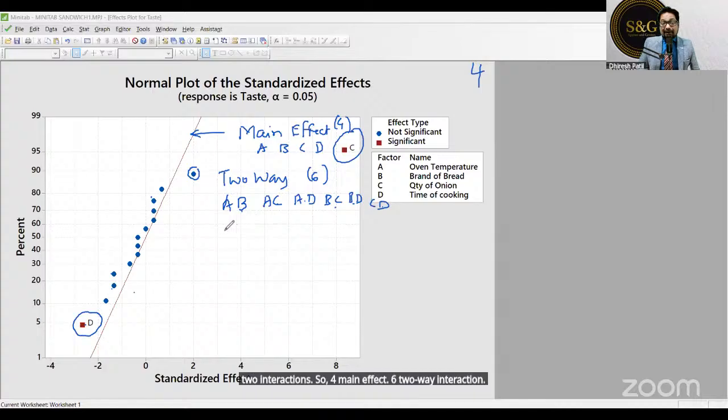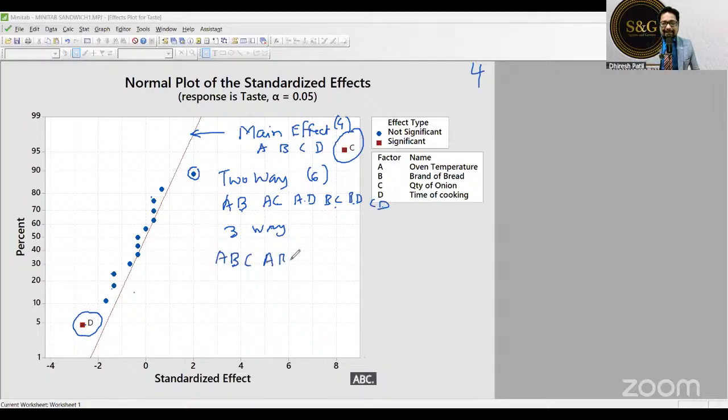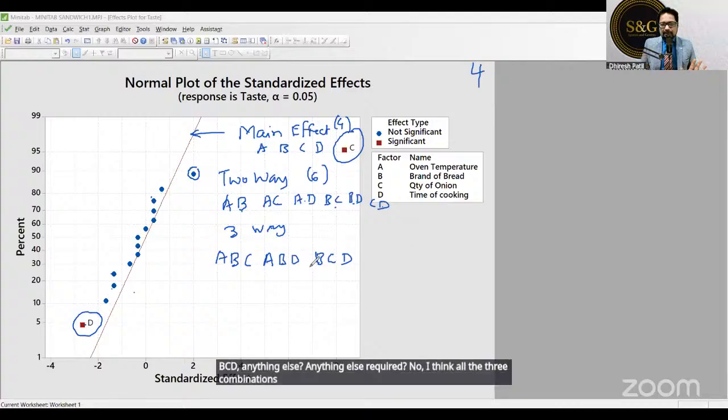There are 3-way interactions as well. What are the 3-way interactions? ABC, ABD, BCD. Anything else required? No, I think all the 3 combinations have been found, right?